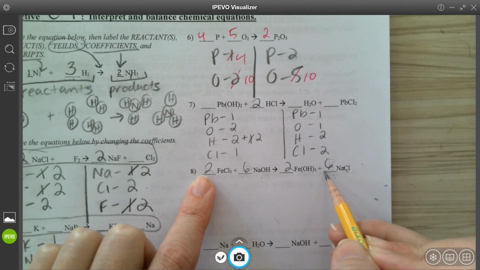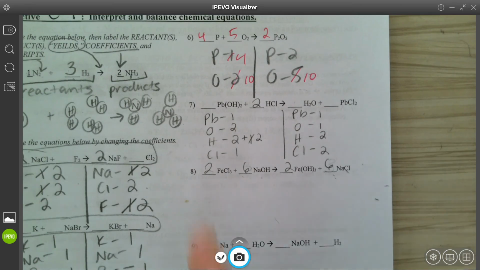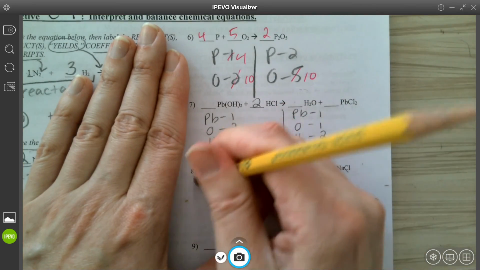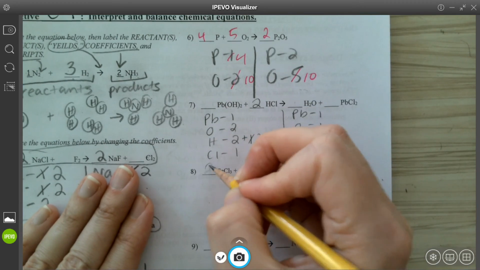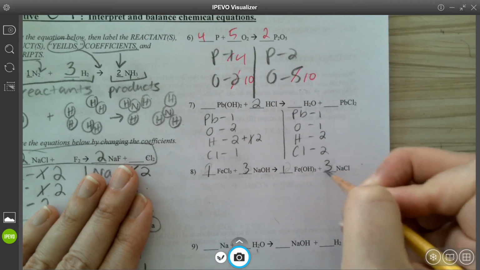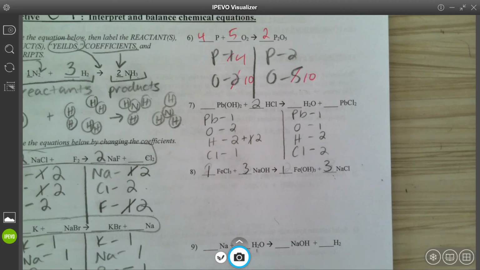But if it's a ratio that you can reduce down to 1, 3, 1, 3, you need to reduce it back down. It's fine to get a little carried away with the balancing, but always reduce it back down in the end, and you'll see that it's still balanced with 1, 3, 1, 3. If your coefficients can be reduced, reduce them. I'll still give you half credit because it's technically balanced, but reduce it back down.